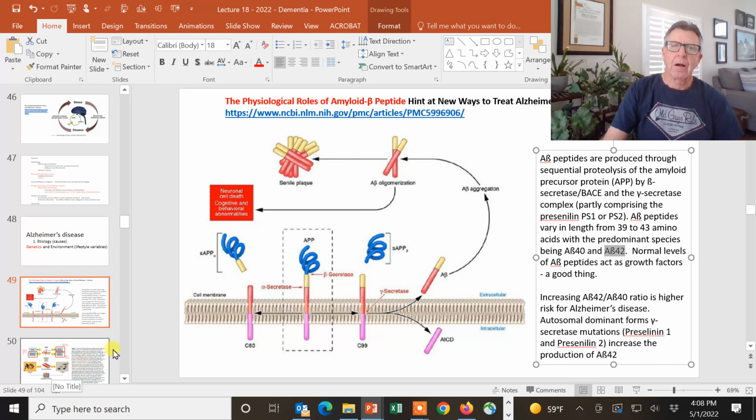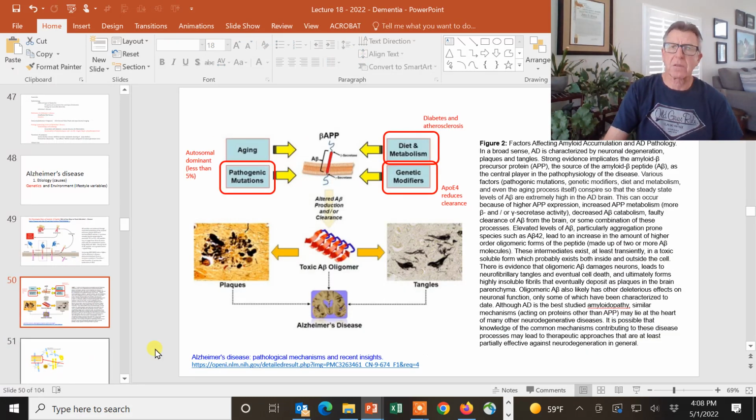The other genetic mutation is in the actual amyloid precursor protein. So there are three big genetic mutations, and the ones affecting the clipping by gamma secretase are called presenilin 1 and 2 mutations.